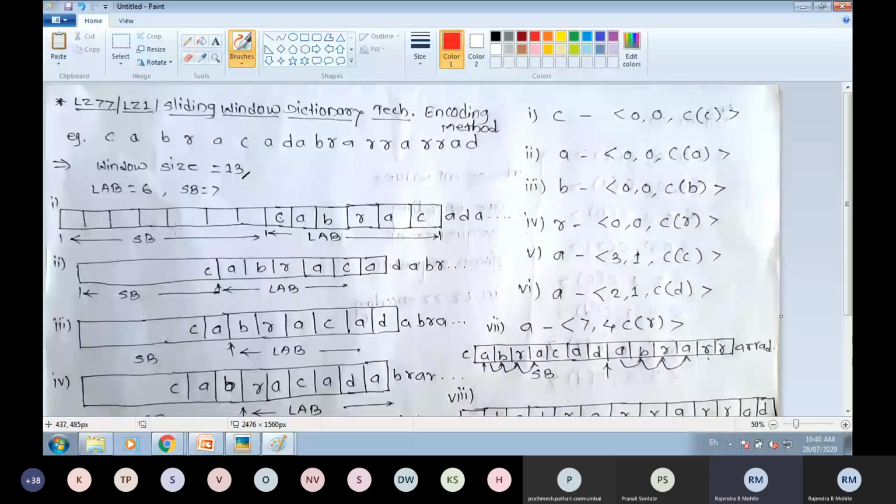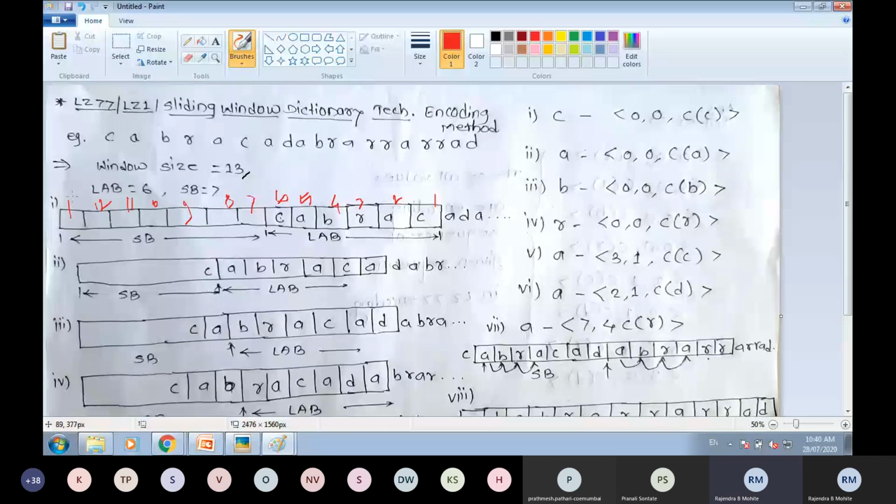I am representing a window here. Every time you represent this window like so: first, second, third, fourth, fifth, sixth, seventh, eighth, ninth, 10, 11, 12, and 13.